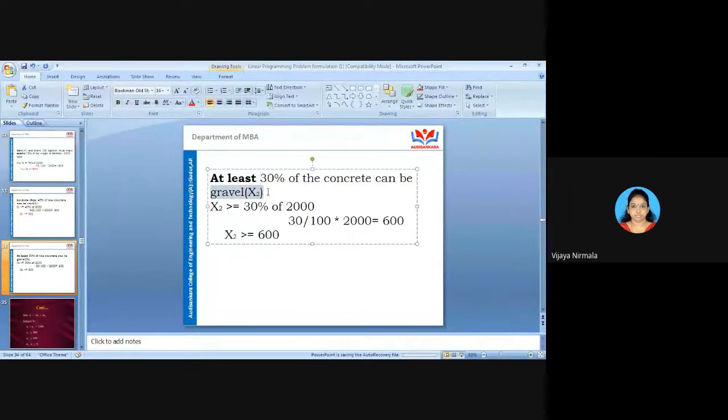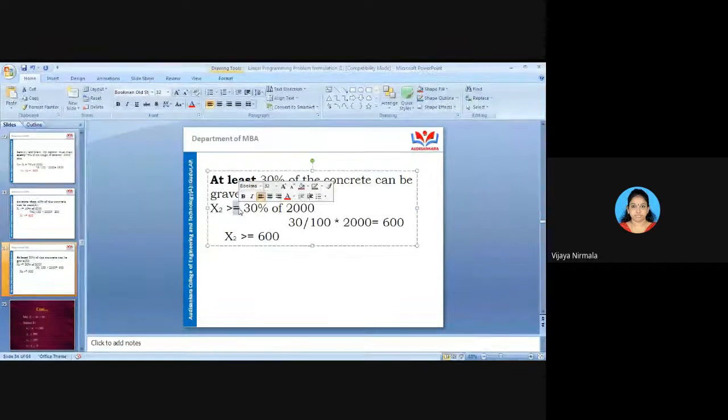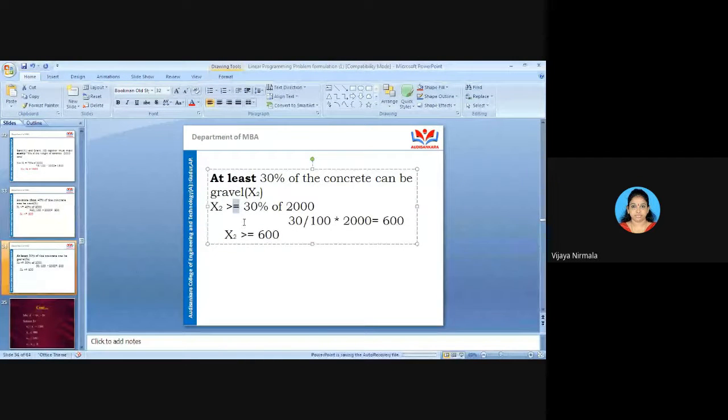Gravel. So gravel is x2, right? So x2 is greater than or equal to, here, at least 30%. At least means minimum; it is compulsory that they complete 30%, and beyond that they can do more. So greater than or equal to 30% of 2000.